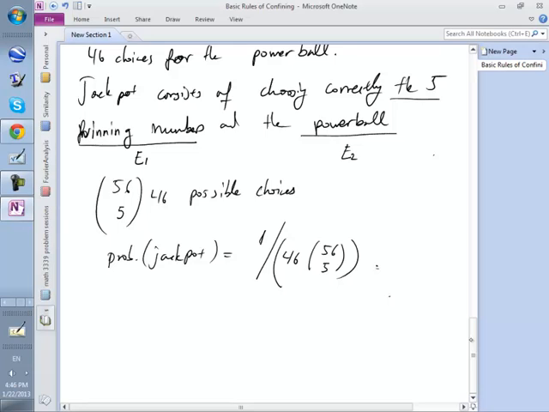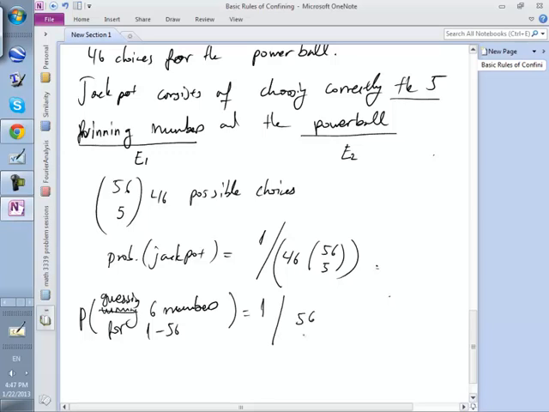It would be 1 over 56 to the 6, okay? So with 6 balls, the probability of winning, guessing correctly the 6 numbers from 1 through 56, would be 1 over 56 to the 6.